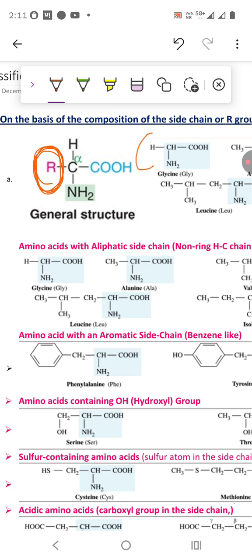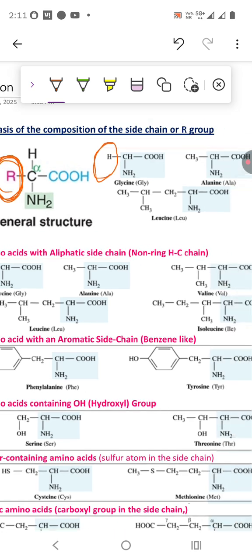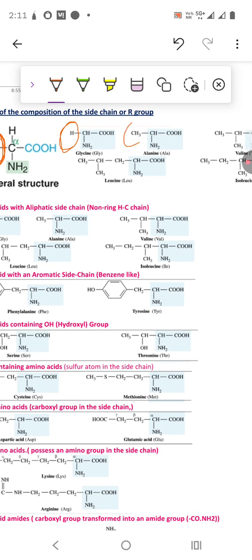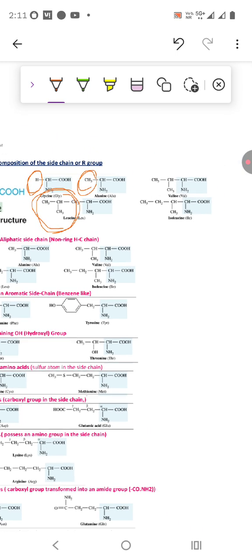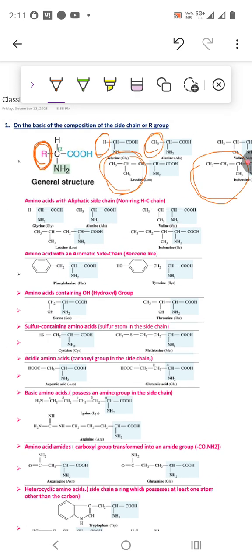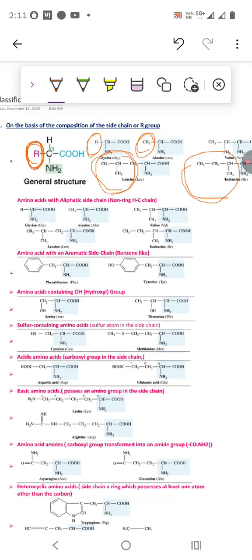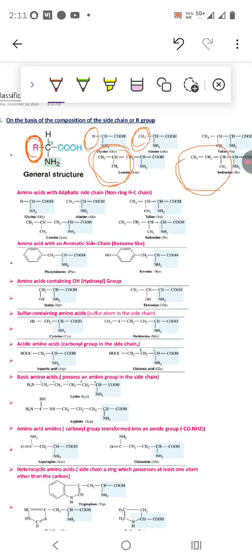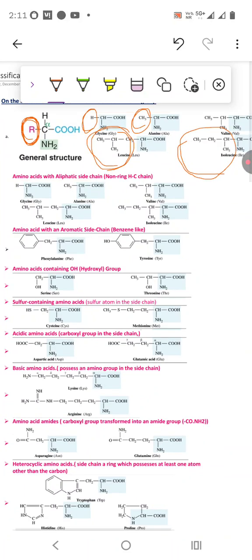It can be simple hydrogen in case of glycine. It can be methyl in case of alanine. It can be this entire R in case of leucine, and it can be this in case of isoleucine, etc. So this R is not unique to each amino acid. So each amino acid has a different side chain. That's it.